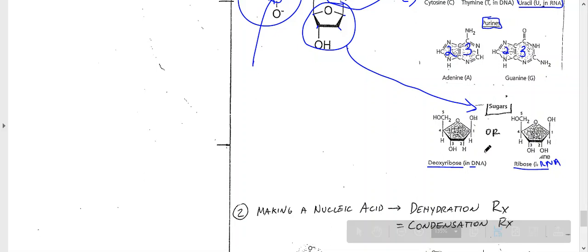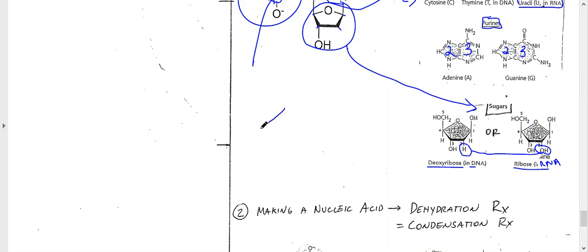The only difference is DNA has a hydrogen off this carbon number 2, whereas RNA has a hydroxyl group off this carbon number 2. I am going to draw out this really quick just to show you how the carbons are counted. That's what these numbers are here for.